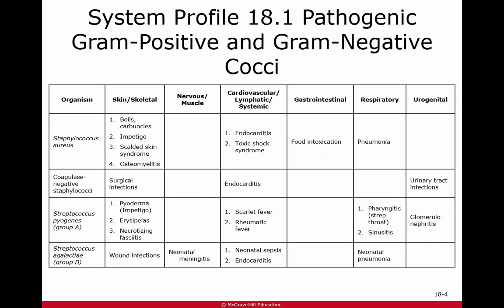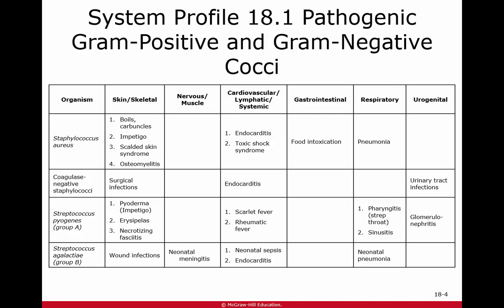Now, this is a table of different organisms and how they affect your skin or your skeletal systems or your nervous systems or your cardiovascular and lymphatic systems, your gastrointestinal system, your respiratory system, or your urogenital systems.